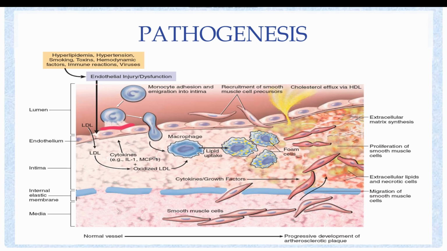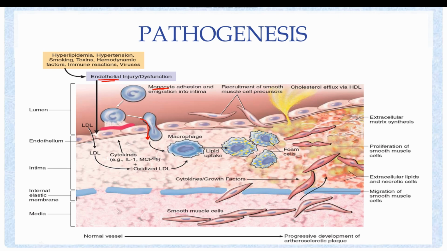So a quick recap. First of all, there is an endothelial injury, and the damaged endothelial cells release cytokines, which recruit inflammatory cells, particularly monocytes, which attach to the endothelium and they diffuse through the endothelium into subendothelium.